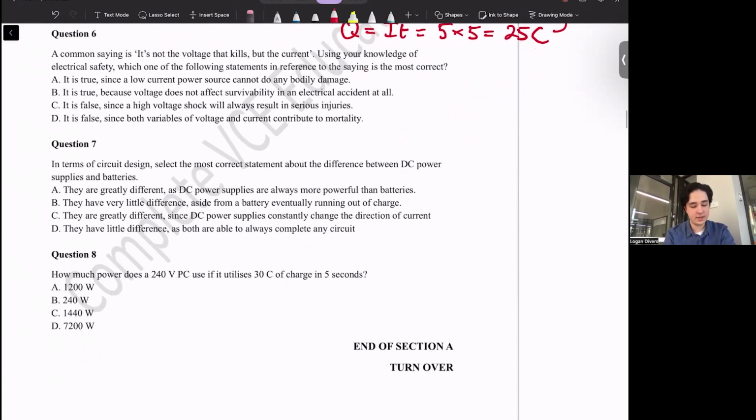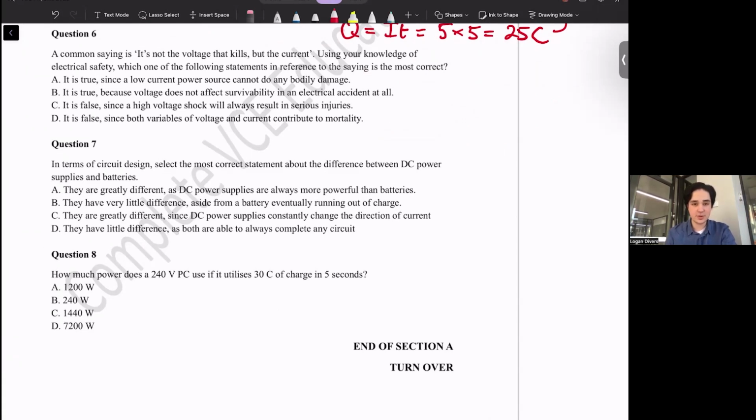Now, moving on to question 6. A common saying is, it's not the voltage that kills, but the current. Using your knowledge of electrical safety, which one of the following statements in reference to the saying is most correct? Let's go through them. A, it is true, since a low current power source cannot do any bodily damage. It's a bit suspicious.